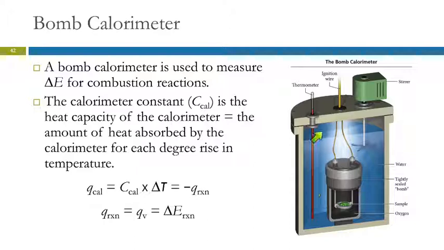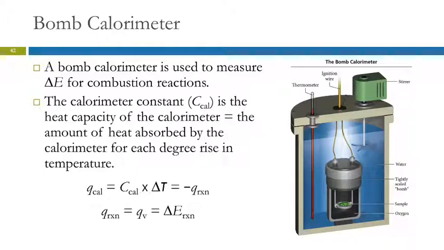We've got a thermometer in here so we can measure the temperature of the water. We've got a stirring mechanism so that we can keep the water moving and have it all be at the same temperature. So we can measure the temperature change of the water. We know the mass of the water, the specific heat capacity of the water. From that, we can calculate Q for the reaction.